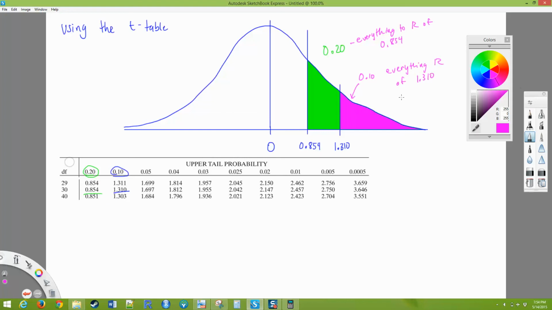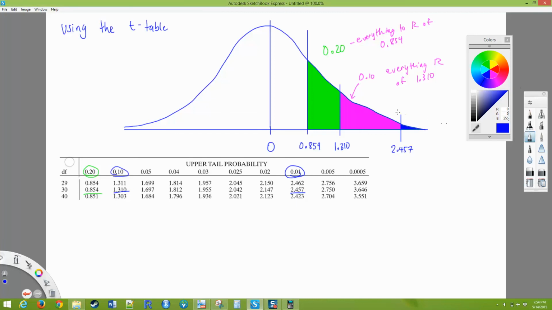Okay? So we can see that as we get further and further away from 0, so if I go all the way out to 2.457, then the amount I have shaded to the right there is only 0.01.